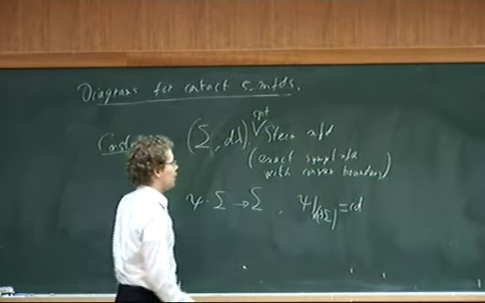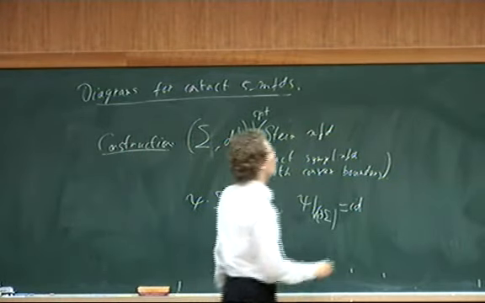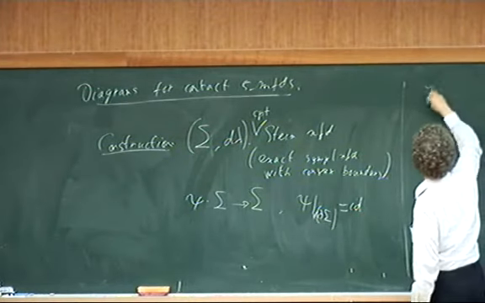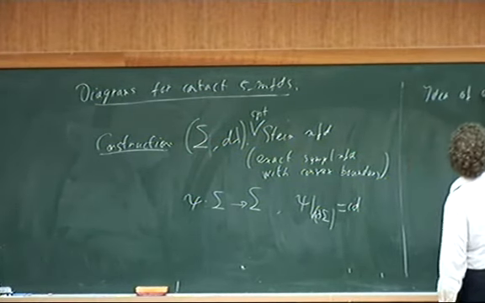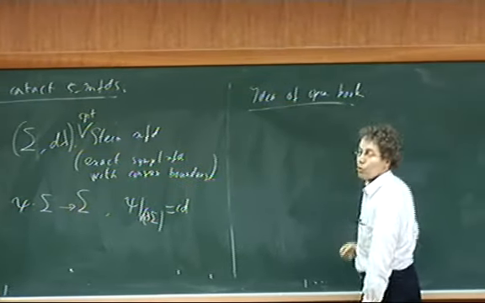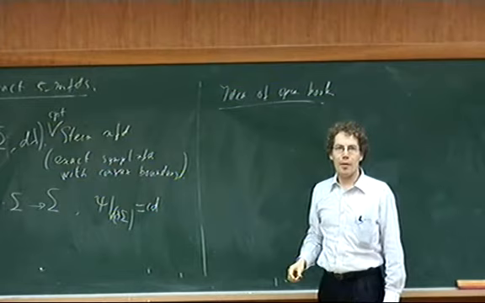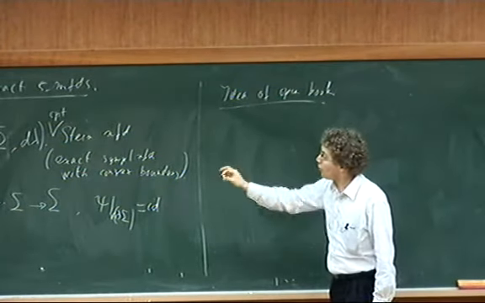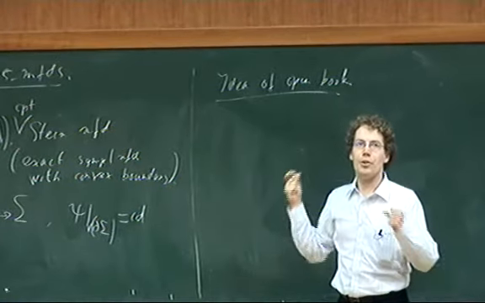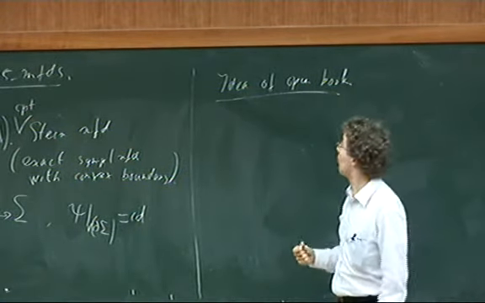And as mentioned, the idea of an open book is that outside a codimension 2 submanifold, it is a fiber bundle over S¹. So we start using these data. We start constructing the fiber bundle over S¹, and then we just glue in the missing part, which is called the binding.